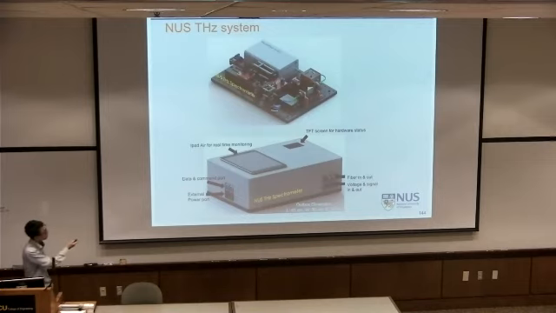Then we can put in our terahertz emitter and make a complete terahertz spectroscopy system. This can be used for some molecular vibration detection, thickness measurement, chemical composition analysis, or even maybe black hole detection, probably. But you probably have to have a lot of those to measure a black hole.